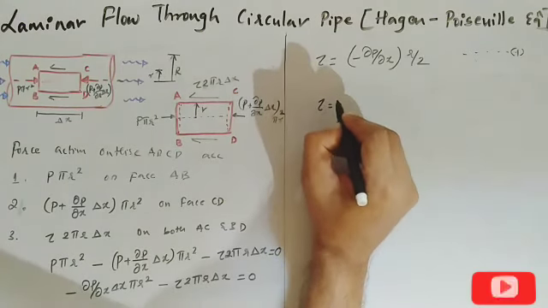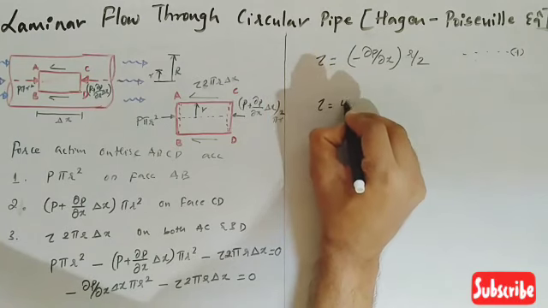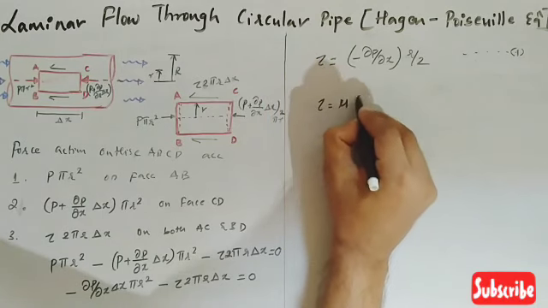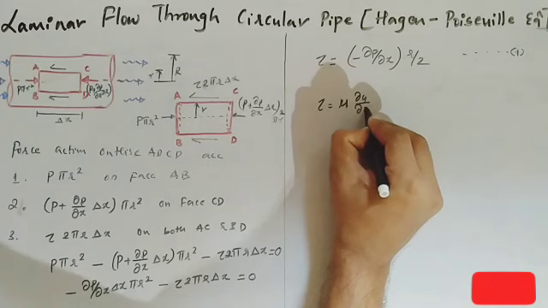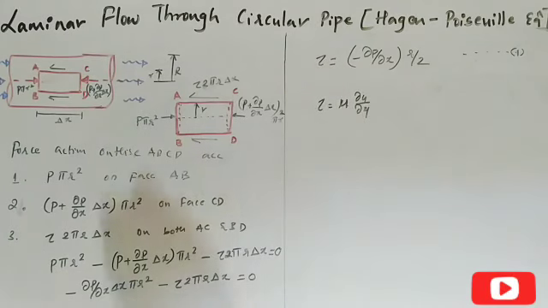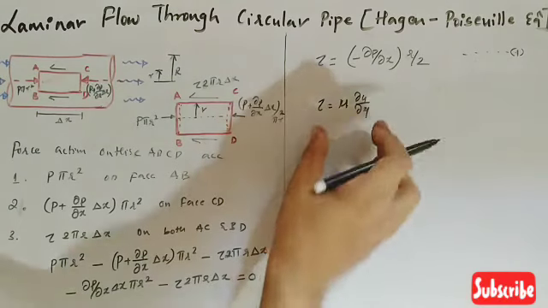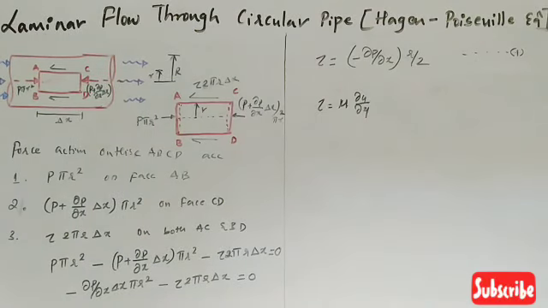It is nothing but tau equals mu into dou u by dou y. So this is our shear stress equation for Newton's law. I need to substitute this shear stress value in this equation. Now y is measured, this is the y-axis and this is the x-axis.